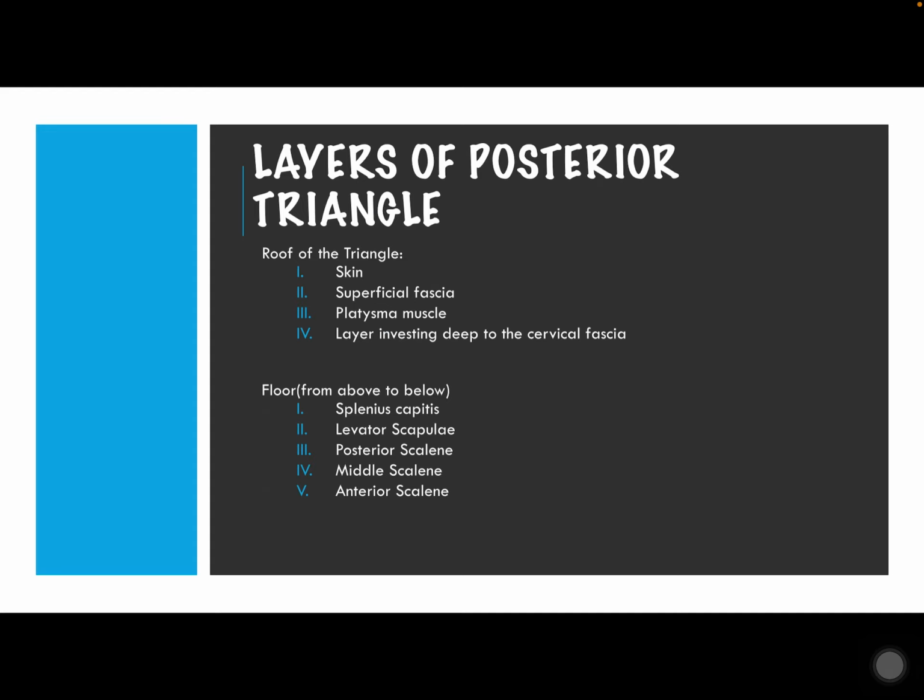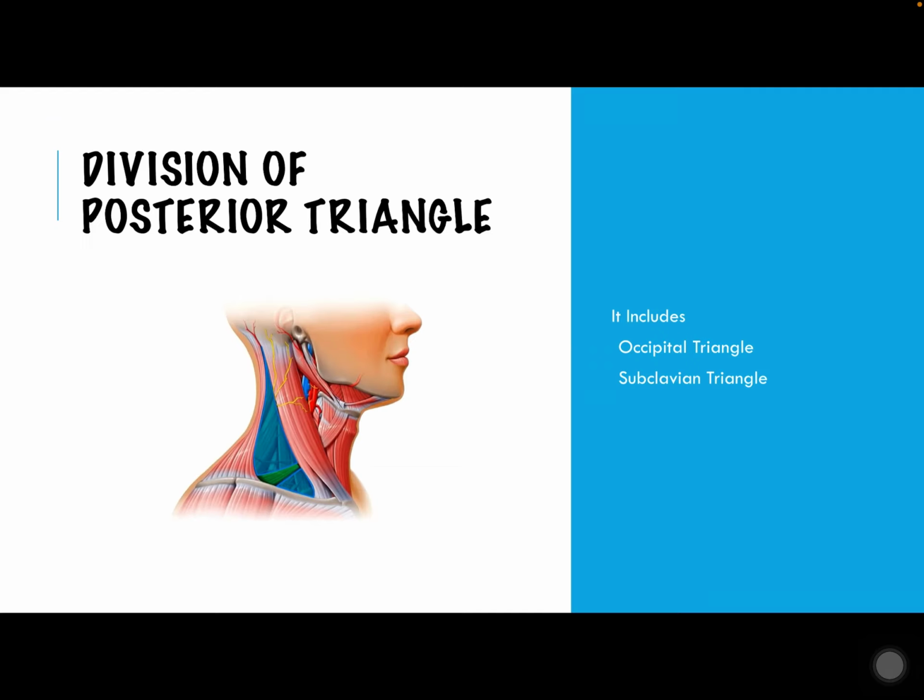The floor of the posterior triangle from above to below is made by the following muscles: splenius capitis, levator scapulae, posterior scalene, middle scalene, and anterior scalene. The posterior triangle is divided into two main triangles, the occipital triangle and the subclavian triangle.